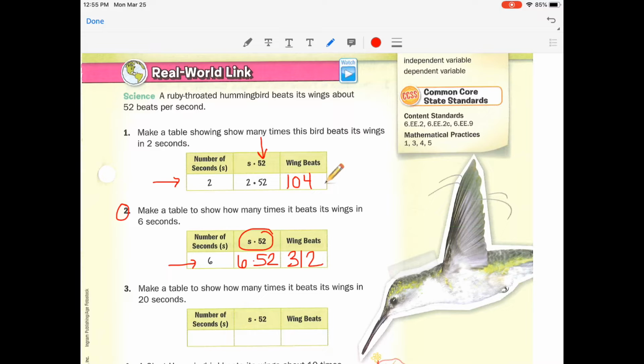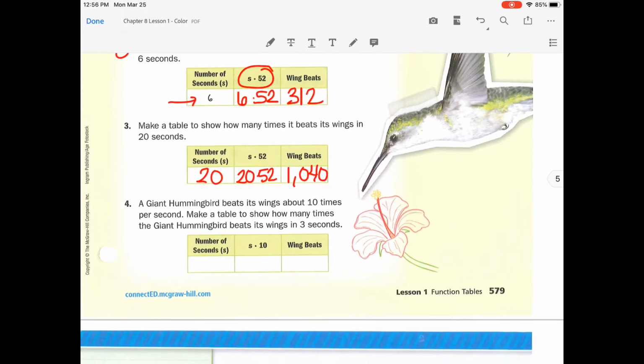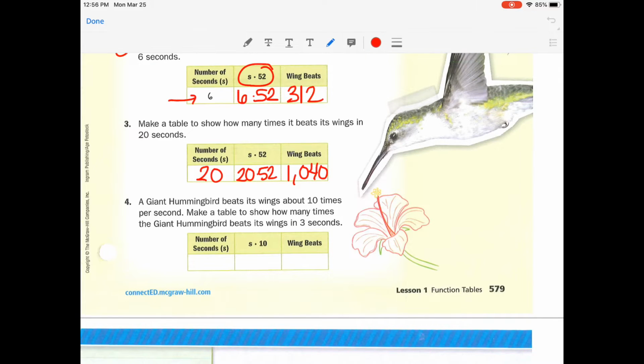It says make a table to show how many times it beats its wings in 20 seconds. So where it says number of seconds, we're going to do 20 seconds. And so we're going to take those seconds times 52, which is going to give us 1,040 wing beats for every 20 seconds. That's a lot.